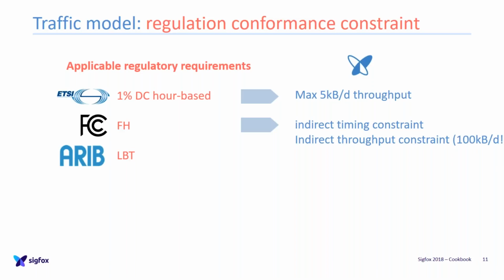And regarding the throughput, in ETSI, so Europe and ETSI-affiliated countries, so some of the African countries, Europe and some of the Middle East, the 1% duty cycle hour-based requirement in the band induces, let's say, a rounded value of 5 kilobytes per day throughput maximum, with an hour-based constraint, which is usually the biggest constraint: not the daily throughput, but the hourly throughput.